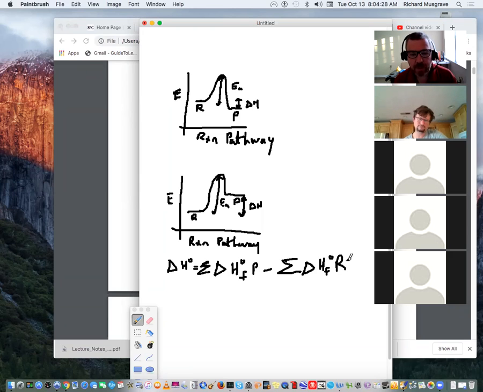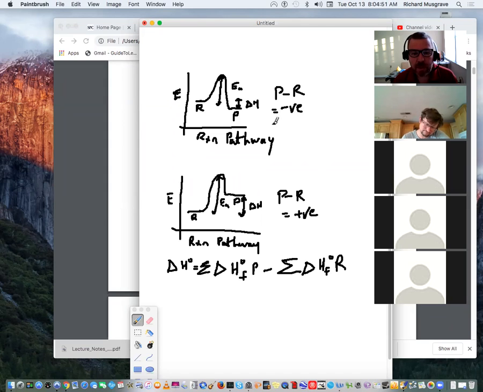So it's always products minus reactants. So you can see here that if we did P minus R, it would be a negative value because P is smaller. And here, if we did products minus reactants, you can see that it's going to be positive on the bottom one because the products are bigger than the reactants.